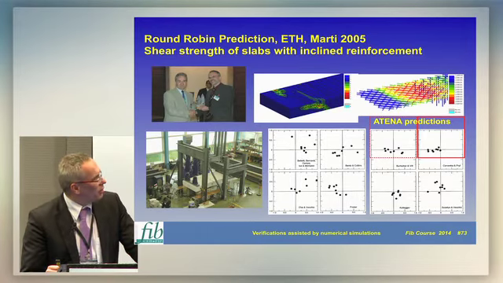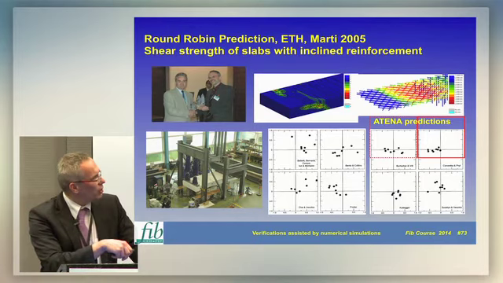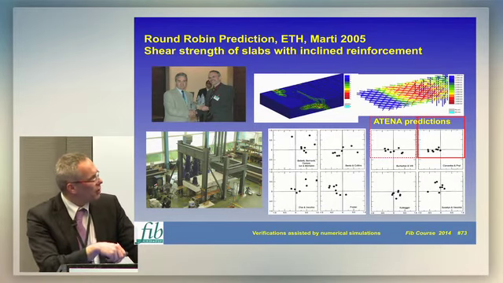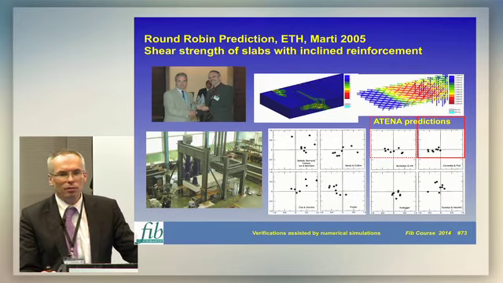These were experiments performed in Zurich by Professor Marti. He tested slabs in shear with different geometries and different reinforcement arrangements. And here you see some results from this benchmark. Each box corresponds to one participant, the horizontal axis is the error in displacement, and the vertical axis is the error in strength prediction.